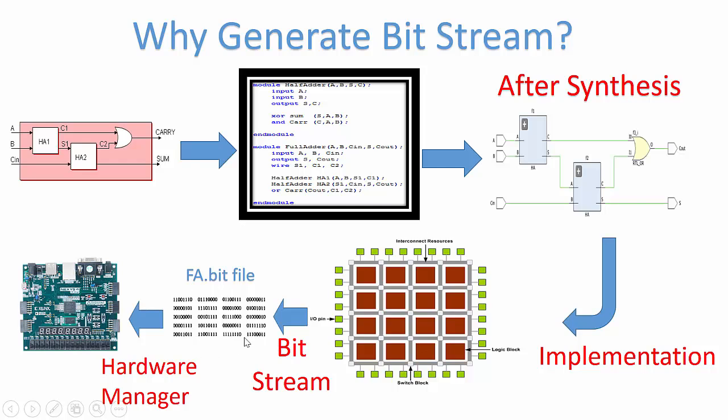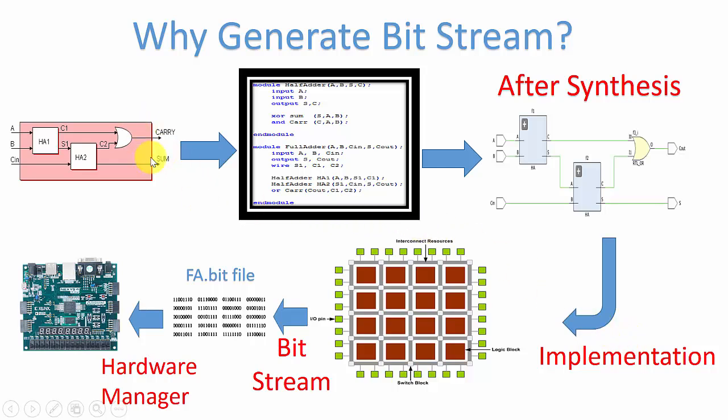The FPGA can understand only the bit file, not our Verilog or VHDL code. After converting to the bit file, the hardware manager tool is used to send this file to the kit, the Nexys 4 DDR board.